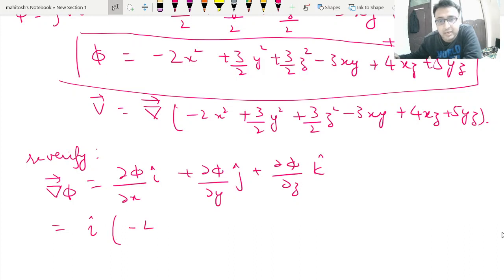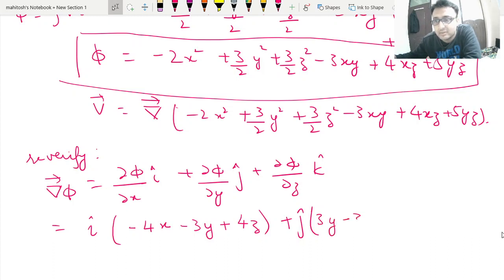This you can write minus of 4x, minus of 3y, plus 4z. Similarly, for j cap, we are writing this is how much? This is your 3y, minus of 3x plus 5z.